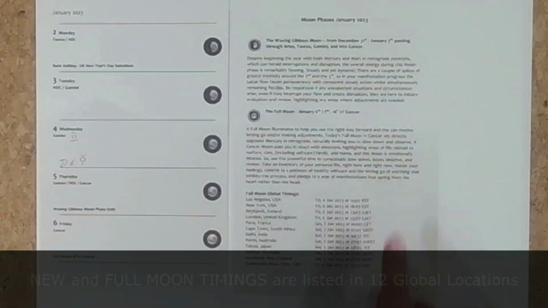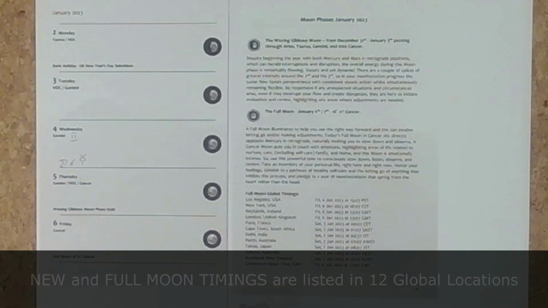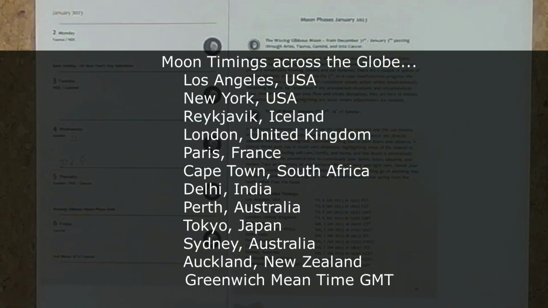For the full moon listings, I've listed exact timings right across the globe, and this is in response to feedback from you all. Last year, in 2022, we only included a couple of locations in the States, as well as Auckland, Sydney, and the UK.